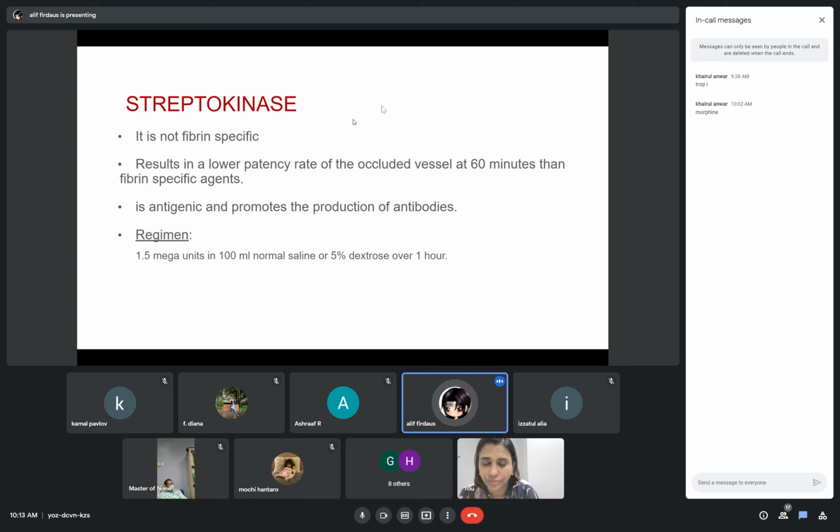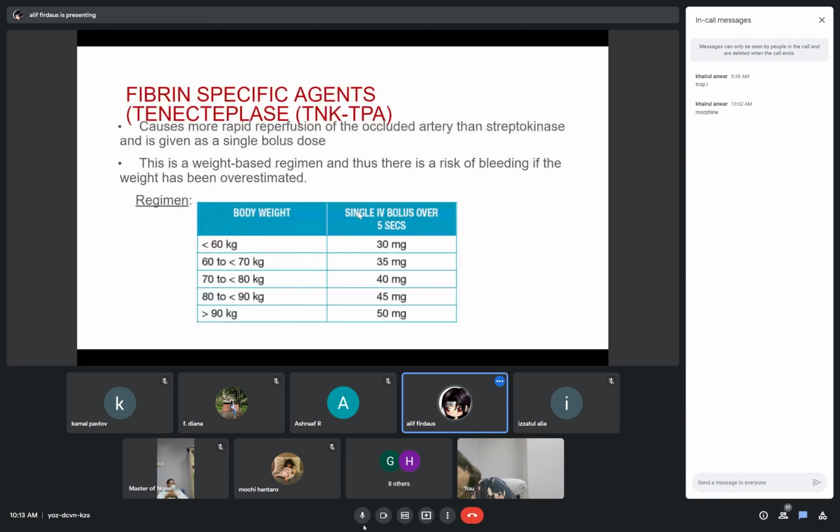Villa said just now, streptokinase is non-fibrin specific and it is antigenic, promotes production of antibodies. So the regimen is 1.5 mega units in 100 ml of normal saline or 5% dextrose over 1 hour. The other fibrinolytic agent is a fibrin specific agent such as tenecteplase.